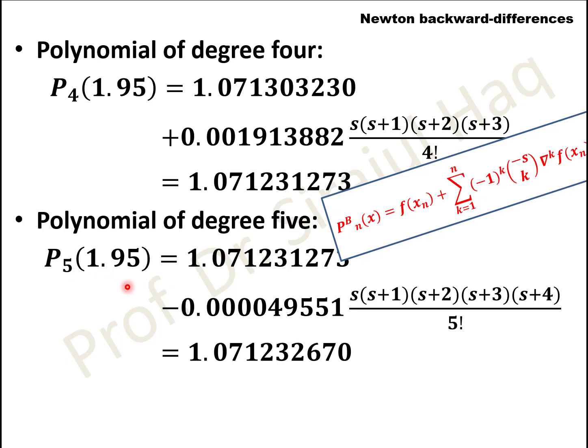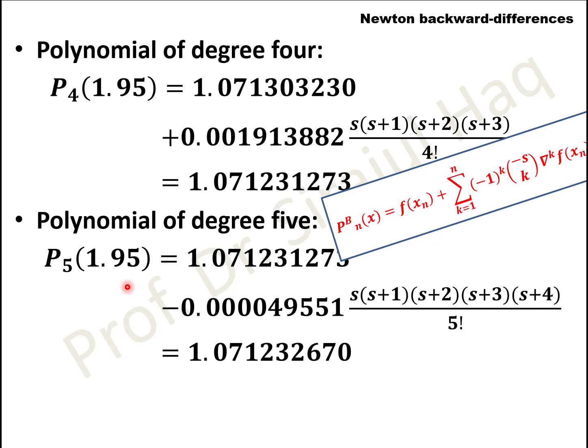1.95. So you saw in this lecture how we used the Newton backward polynomial to find out the approximated value of the function at x is equal to 1.95.